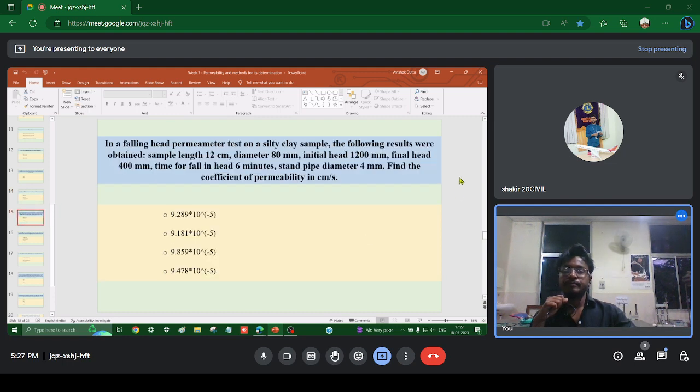Another numerical. In a falling head permeameter test on a silty clay sample, the following results were obtained.